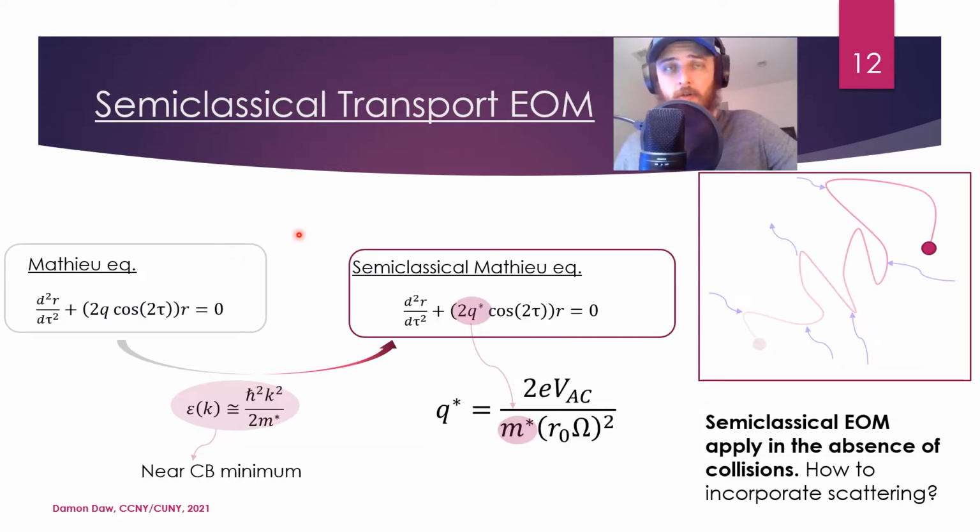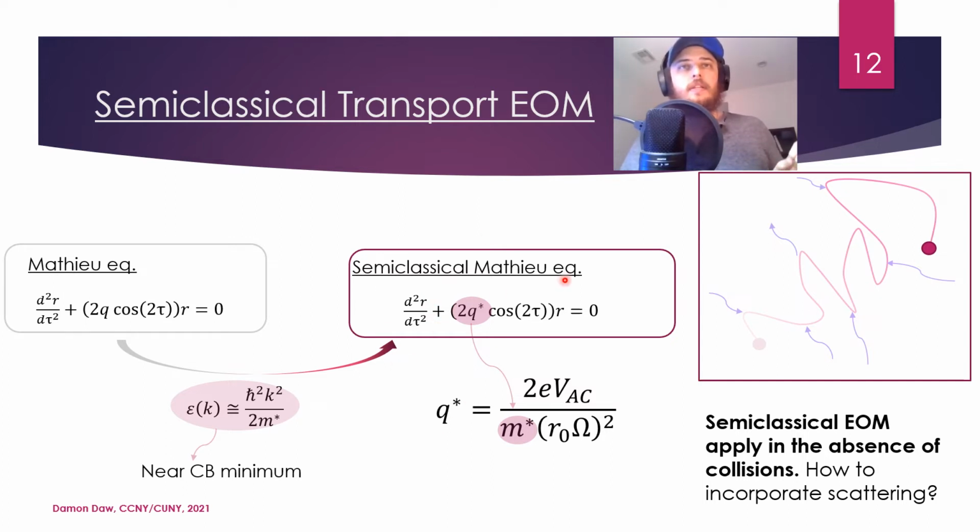So first, let's talk about how the equations of motion, or the Mathieu equation, might change once we go into the semiconductor. There's a very useful theory in semiconductor physics called semi-classical transport theory. And it turns out that you can convert the Mathieu equation into the so-called semi-classical Mathieu equation that describes the dynamics of an electron wave packet inside of a semiconductor crystal.